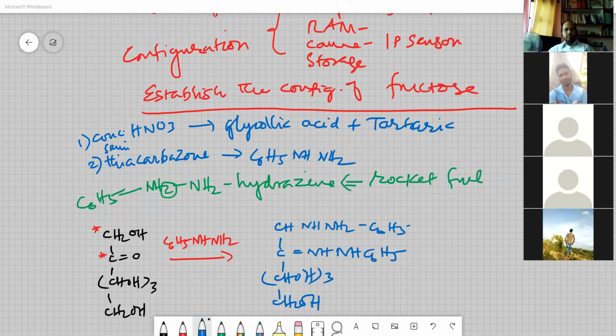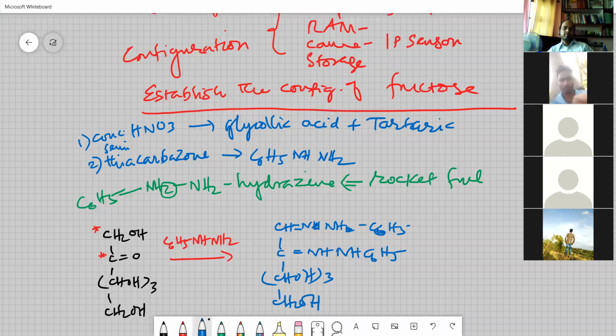So on treatment with semithiocarbazide, it gives rise to CH double bond N, CH double bond N. Actually, it should be like this: C double bond NH and C double bond NH. You just check the valency. C double bond N.